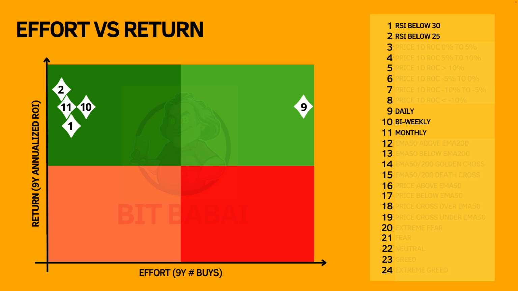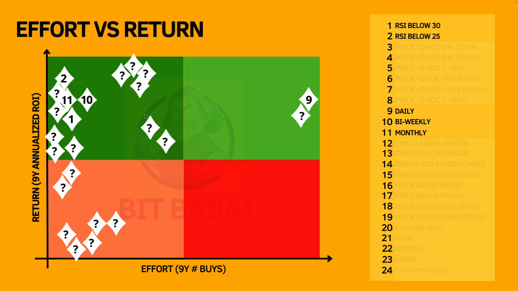Now let's wrap up. The winner from the previous video is daily and monthly, which is number 11 and number 10. And now, out of all the 5 strategies we covered, the clear winner is RSI below 25, which is strategy number 2. We'll know the final winner after 4 more videos.